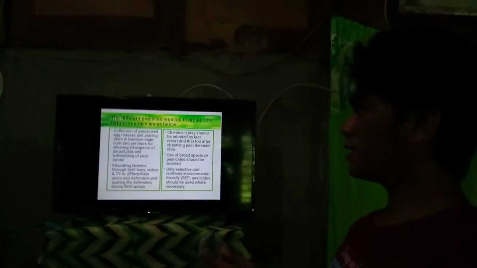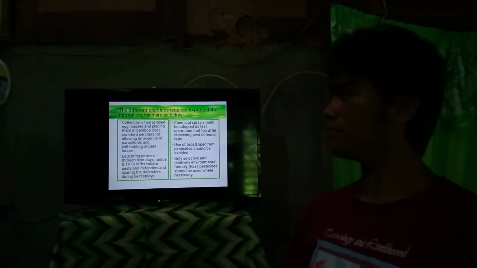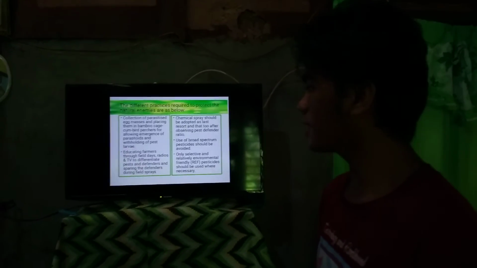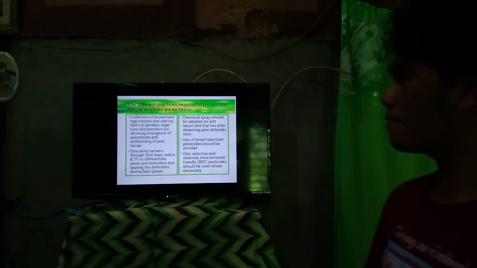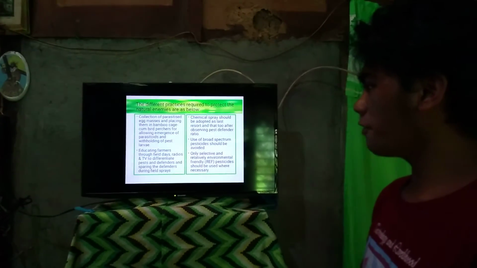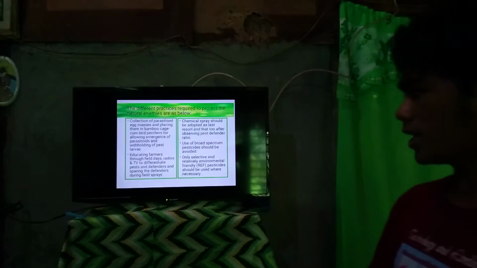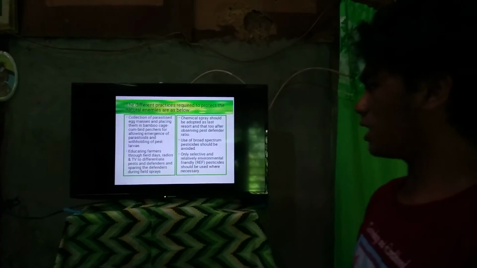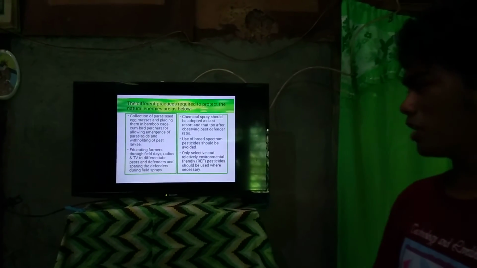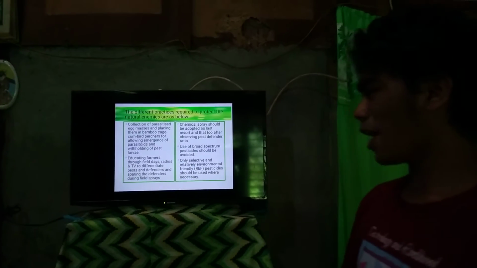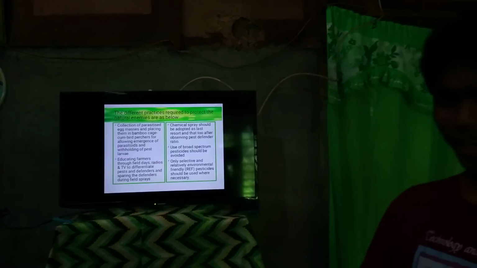Next slide. The different practices required to protect the natural enemies are as below. Collection of parasitized egg masses and placing them in bamboo cage cum perches for allowing emergence of parasitoids and withholding of pest larvae. Next is educating farmers through field days, radio and TV to differentiate pests and defenders and sparing the defenders during field sprays.